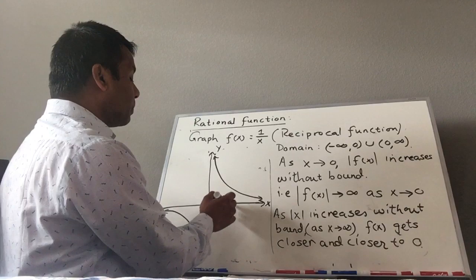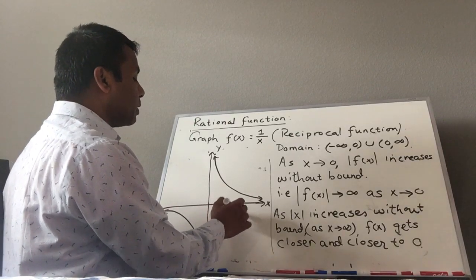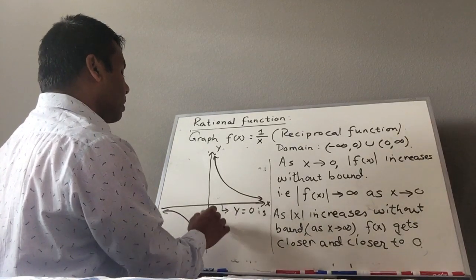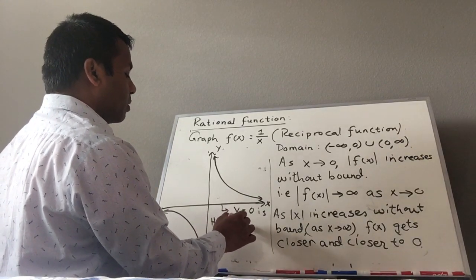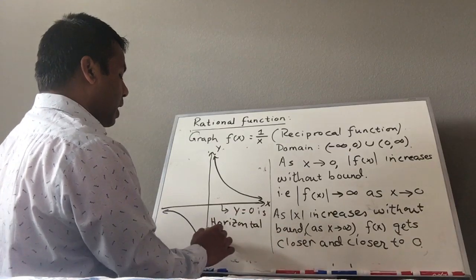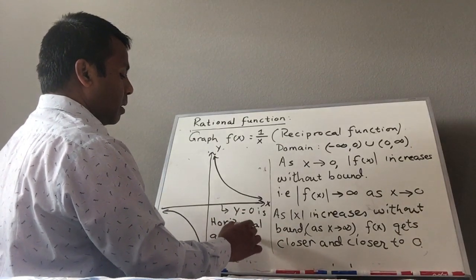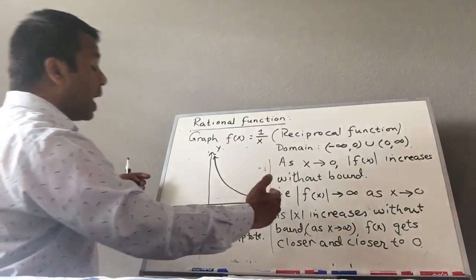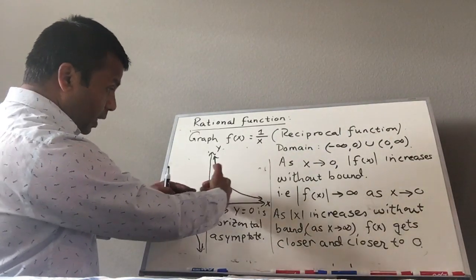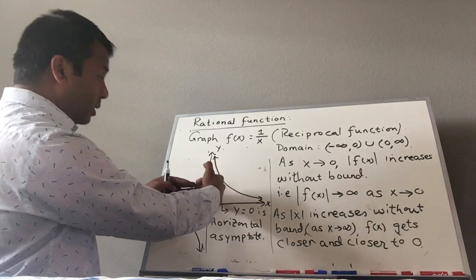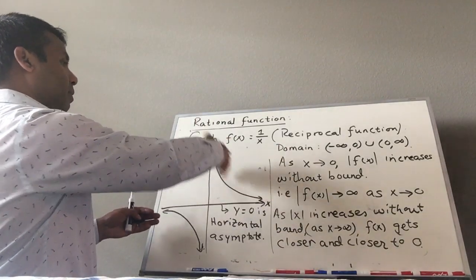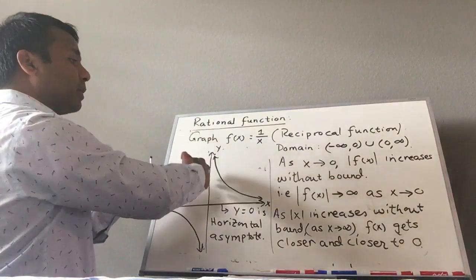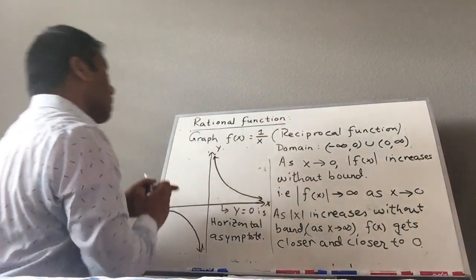So therefore, you know the equation of the x-axis is y equal to 0. So this is the horizontal asymptote. And you also see that as the value of x approaches 0 from both directions, the graph of f(x) increases without bound.